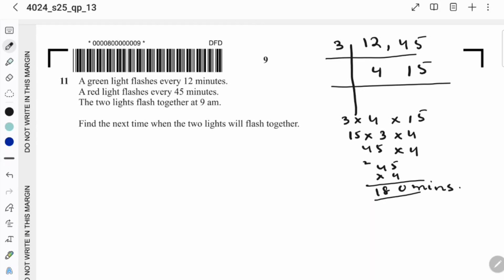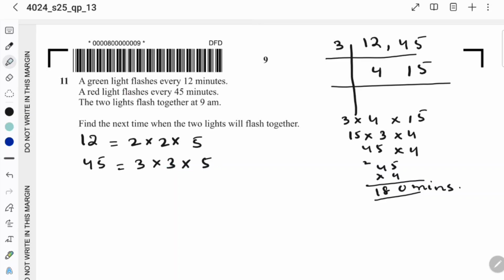Or you can find out, if you don't have this habit to find the LCM like this, 12 means 4 3s are 12. Okay, 45 means 9 5s are 45. You know how to find out LCM.